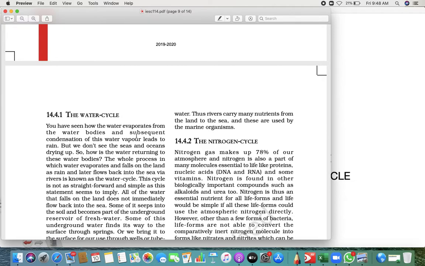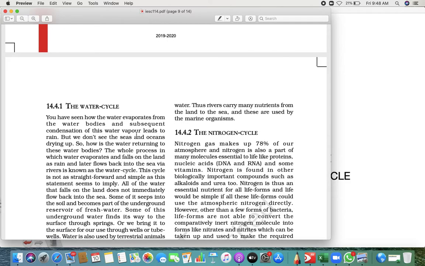So the first, we already know the water evaporates from the water bodies, right? And subsequent condensation is again converted back into liquid, right? Evaporate means water converts into vapor, and this vapor when condensed is again converted into water, right?